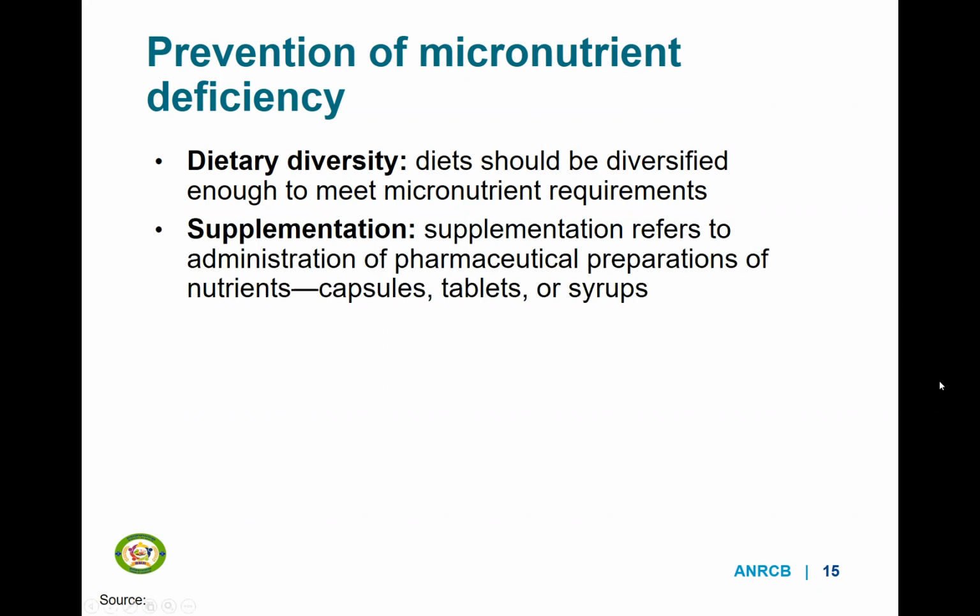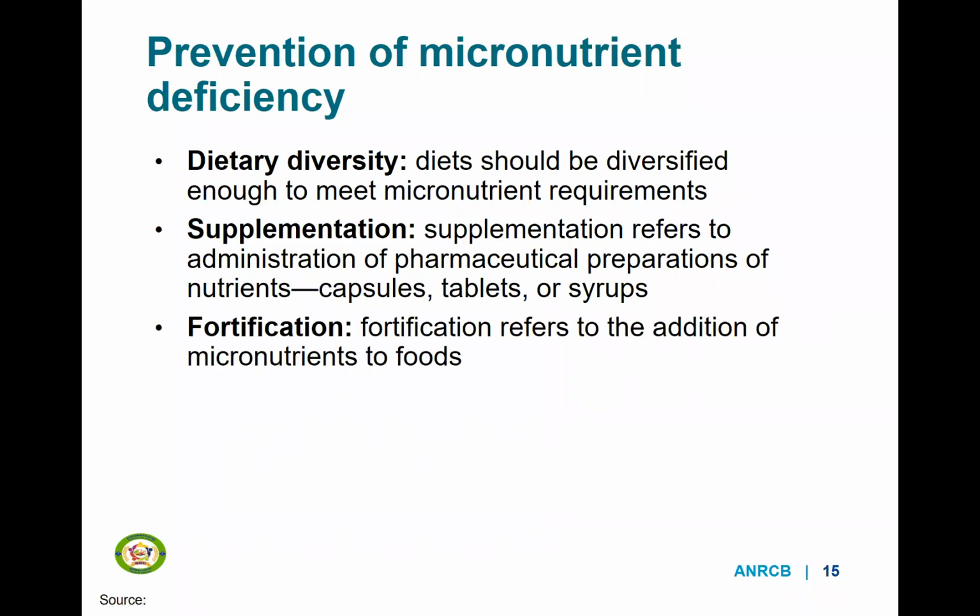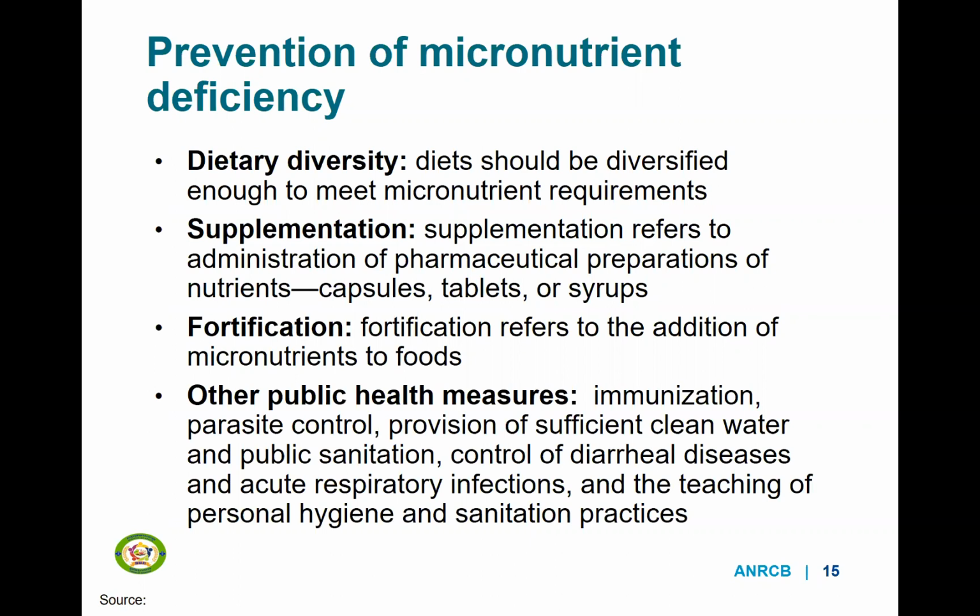This is a very appropriate strategy, for example, during pregnancy. You might have fortification. This is where we add nutrients to foods, where people can go to the market and purchase them and then cook and eat and receive nutrition in that way. And then there are other public health measures that also affect overall health.